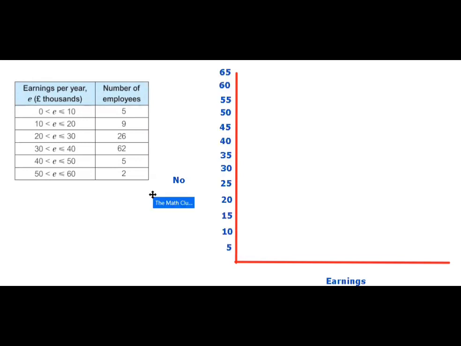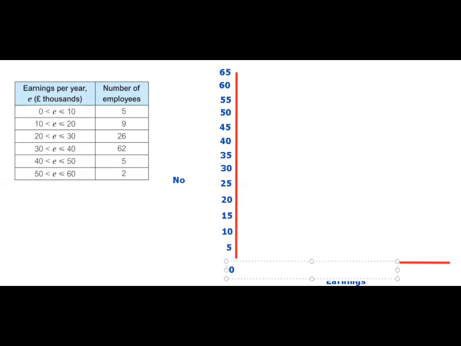First, we put the frequency on this side, as we said. And then on the bottom, we're going to put the earnings. As we see, the earnings start from 0 until 60. So this one is 0 here, and then it goes on until 60.